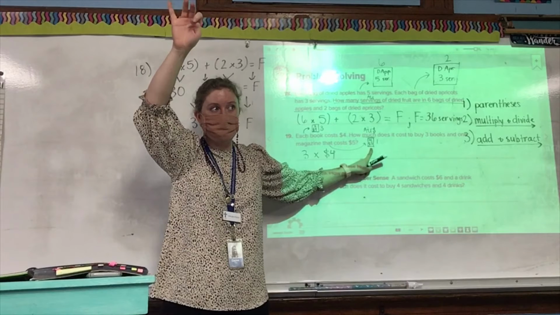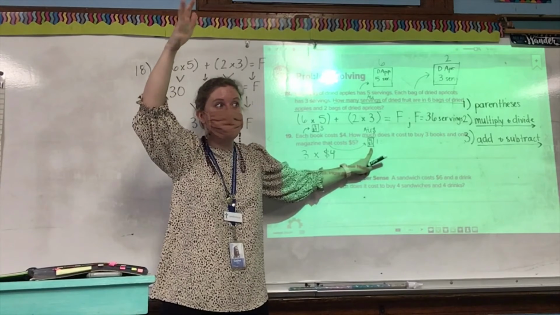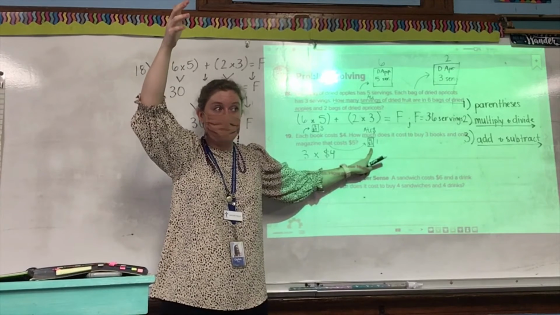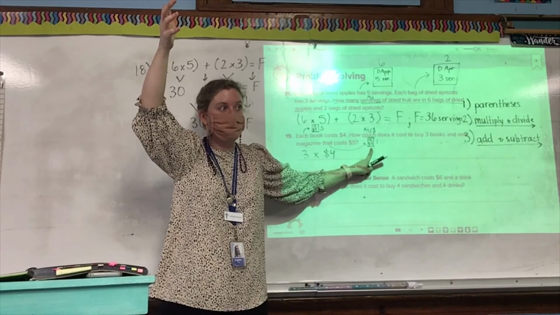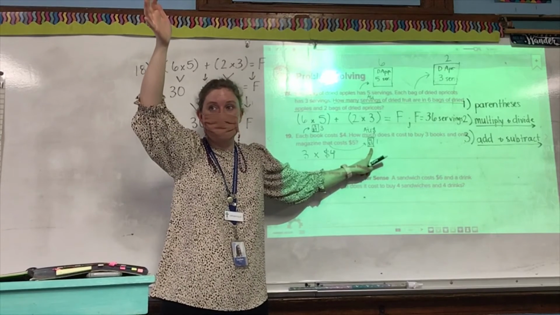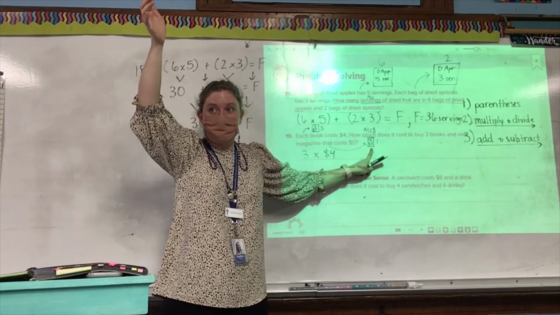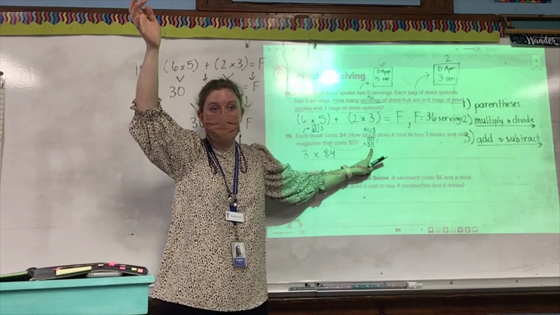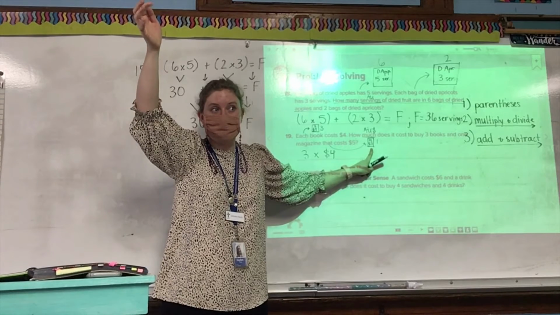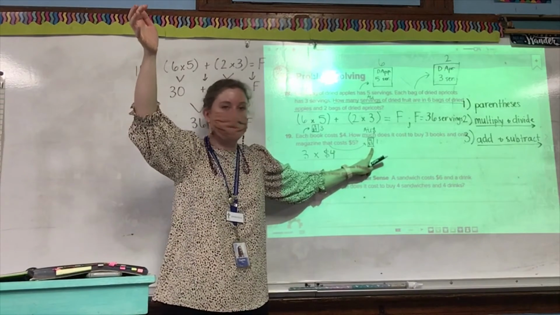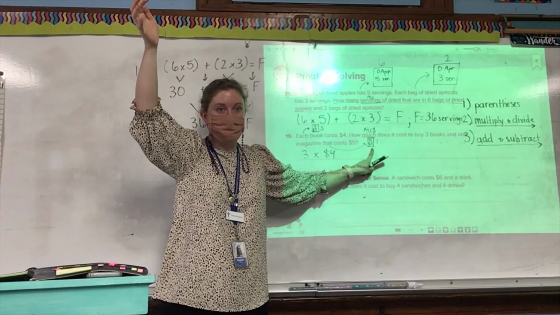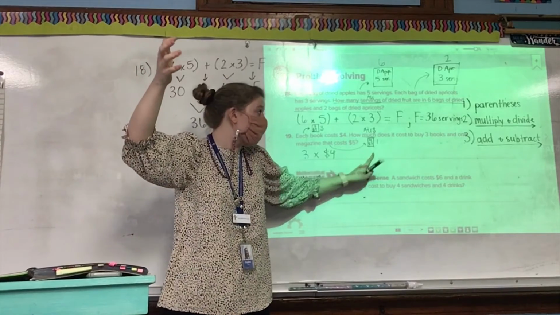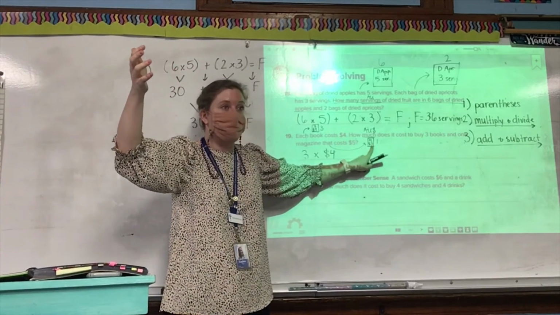If there's only 1 magazine, why do we not have to write a multiplication problem for that? Because we already know the answer. Why do we already know the answer for how much 1 magazine at $5 each is? Because it says 1. What's 1 times 5, class? 5. So do I need to rewrite an equation that's going to give me this number I already know?